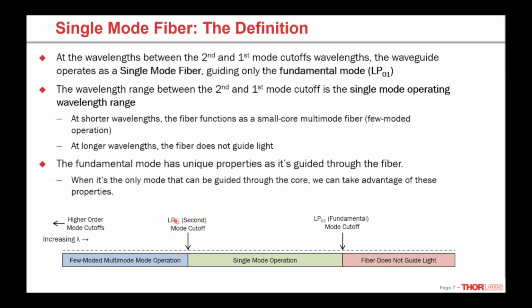At a wavelength longer than the second mode cutoff and before the first mode cutoff, that's where the fiber operates in the single mode regime. Beyond that, after the first mode is cut off, the fiber no longer guides light at those long wavelengths. So that really is the crux of what a single mode fiber is: it's only guiding the LP01 mode.